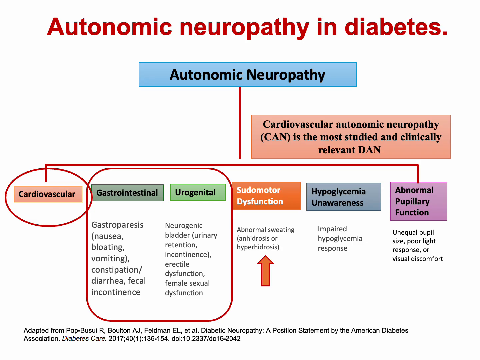Pseudomotor dysfunction occurs less frequently compared to other features of diabetic autonomic neuropathy. Hypoglycemia unawareness is a metabolic outcome of diabetic autonomic neuropathy that impairs the body's ability to recognize low blood sugar.